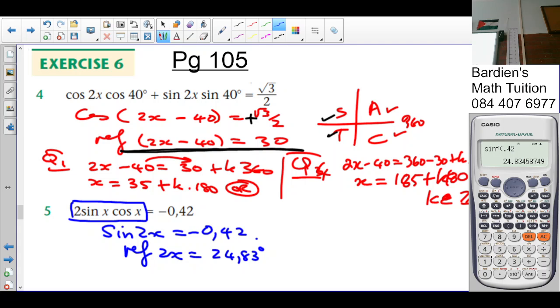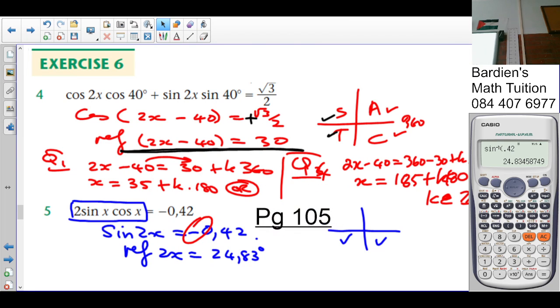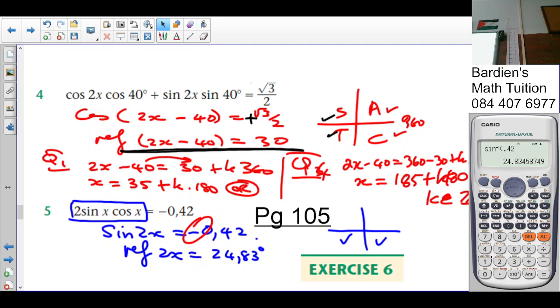Okay, so what should we be asking ourselves? In which quadrant is sine negative? Is it quadrant 3 and 4? How do we get into quadrant 3? 180 plus.